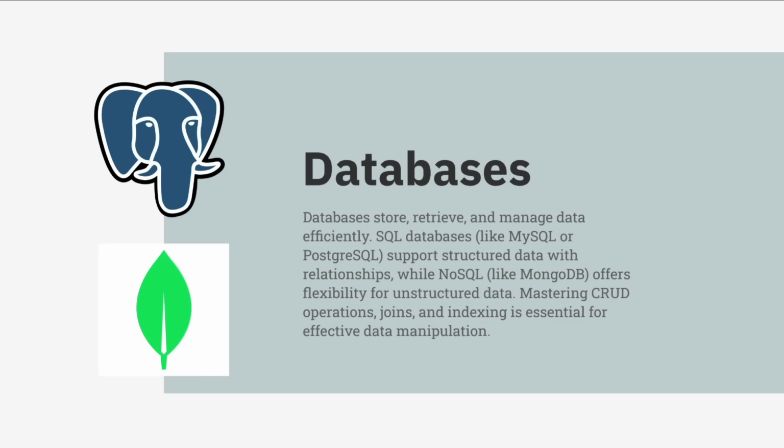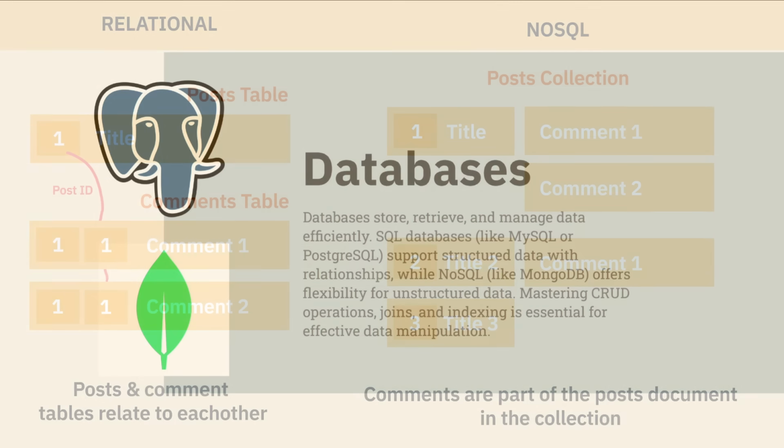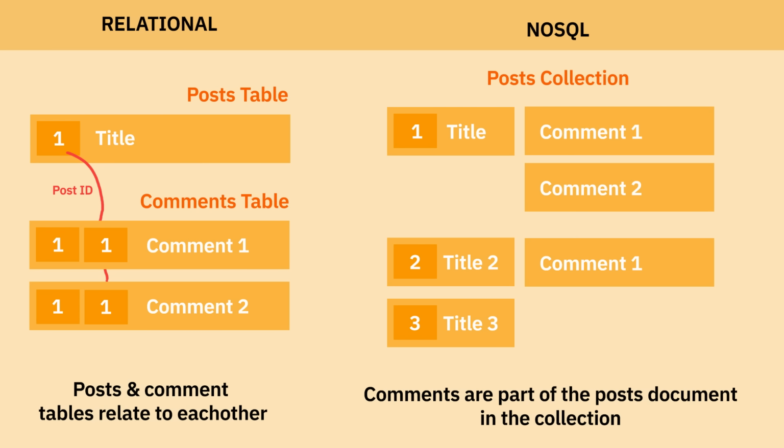It stores data in documents, which are basically just JSON or what we call BSON objects. And the type of database that you choose really depends on you and your project. Relational databases provide more structure and is what I prefer most of the time, but NoSQL databases offer great performance for unstructured data. And I have a video explaining both types on my channel if you want to look that up.